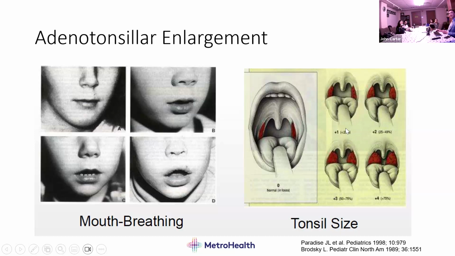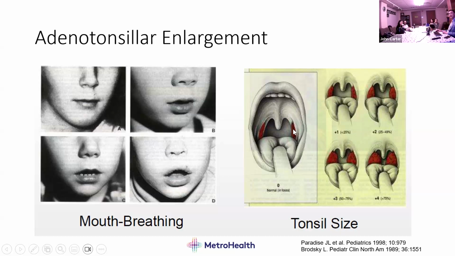There are 4, or I guess 5 if you count 0, tonsil positions or grades. As you progress through the year, you'll get more familiar with how to grade these. But the basic idea is if you look at the anatomy, here are the tonsillar pillars, extension of the soft palate, tissue and musculature, and just peeking beyond those are the tonsils.